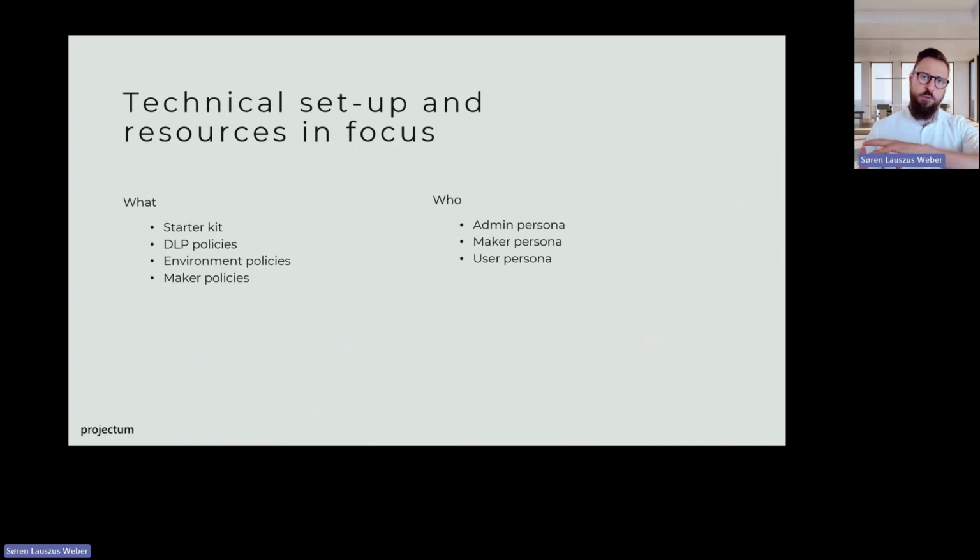Here we're mainly going to focus on the admin persona, which is probably who is following this webinar. But we also need to consider probably one of the most important ones, the maker persona, the people in the organization who are actually creating new applications, creating new flows, etc.